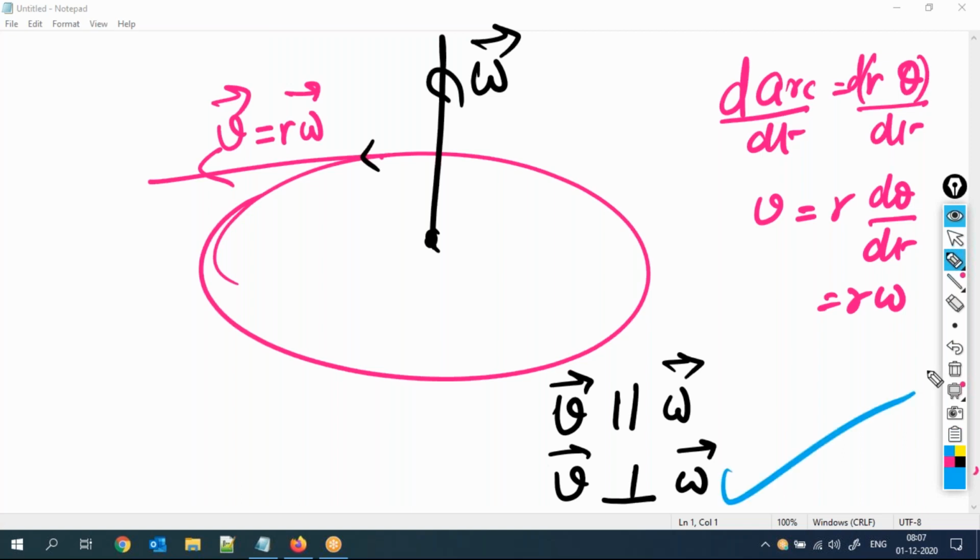Are we clear? Yes, sir. And that is why you will see most of places written like this. Are we clear? Any question? No, sir.